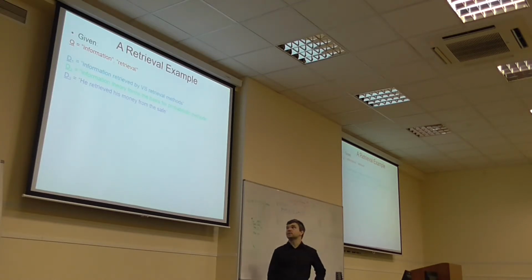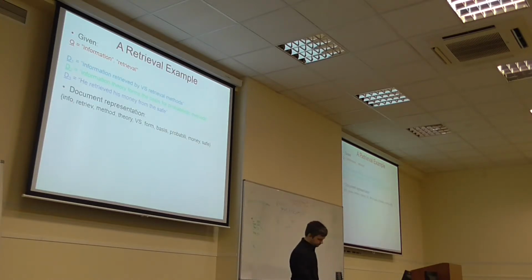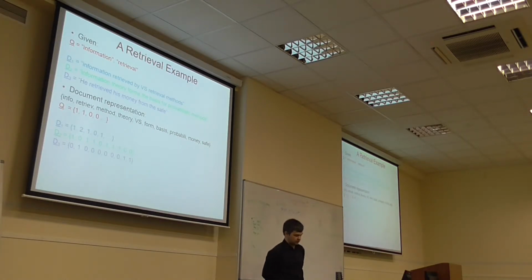So here is an example, right? We have a query, which is in red, and we have another three documents. The document representation is a stemmed word vector, you can see. And then after we stem it, we can see the occurrence of certain words in the documents. In the query, the first one occurs once, and the second one occurs once, and all the others are zeros.